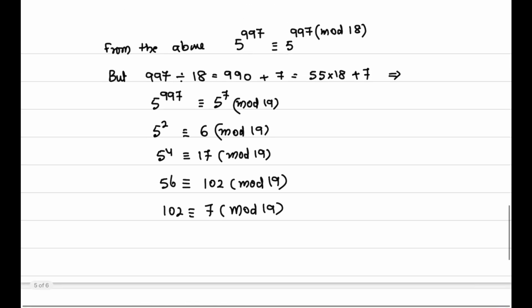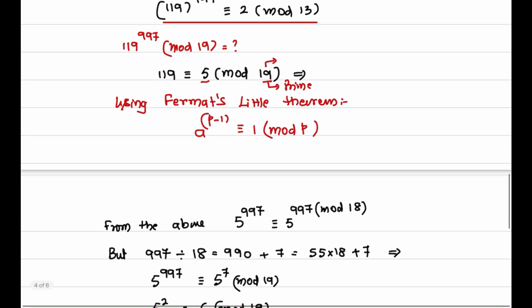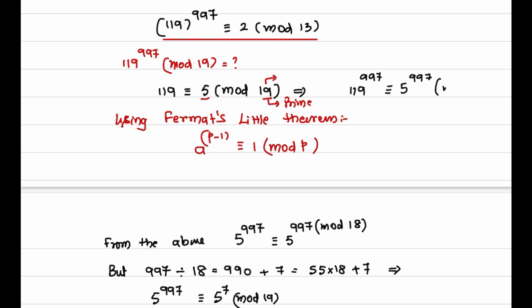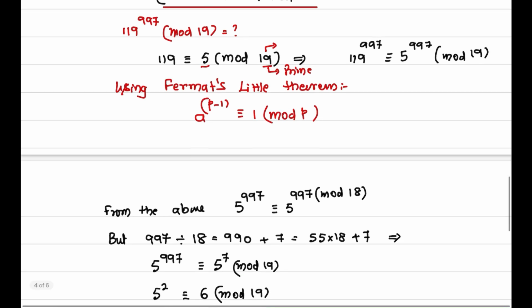Here you see from where we have come: 119 to the power of 997 is equivalent to 5 to the power of 997 mod 19. From this, once 5 to the power of 997 is found, we can replace it.